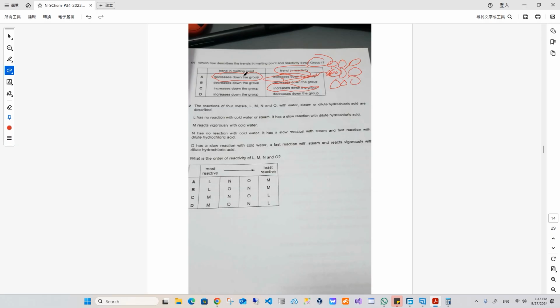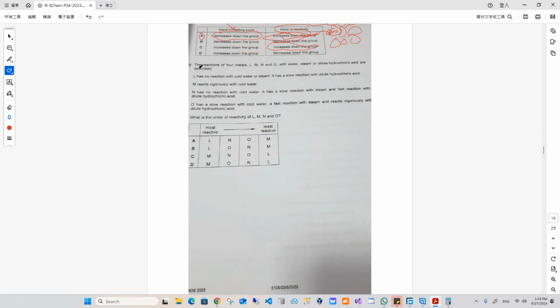Therefore melting point decreases down the group. That's why I say don't memorize if you understand it. So A is the answer. ChatGPT agrees with me anyway.